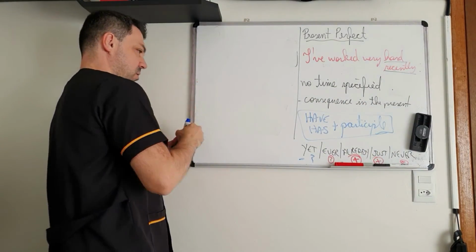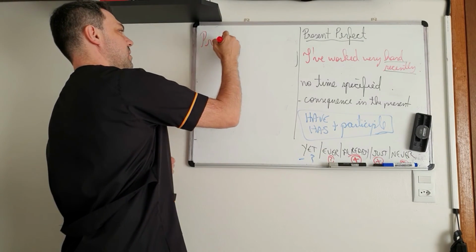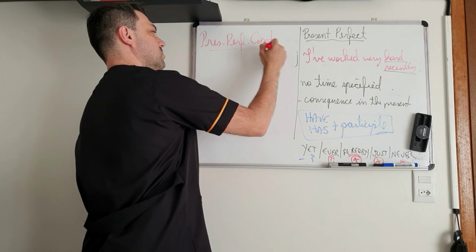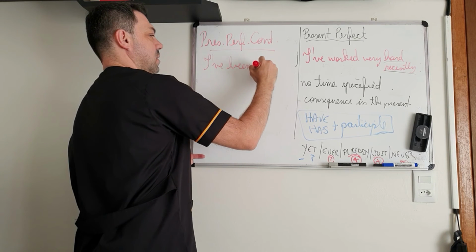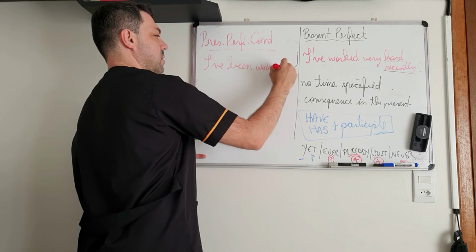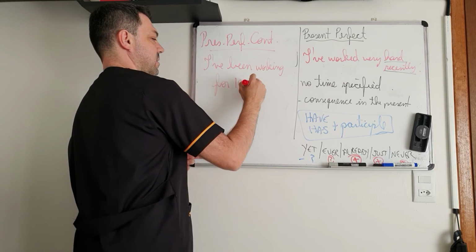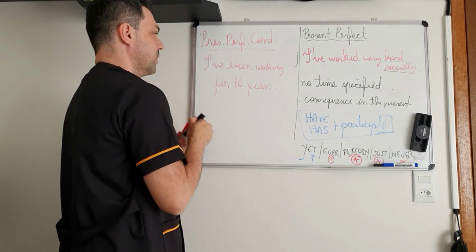Look at this example. I'm gonna write here. Present perfect continuous. I've been working for 10 years. Did you see the structure changed a little?